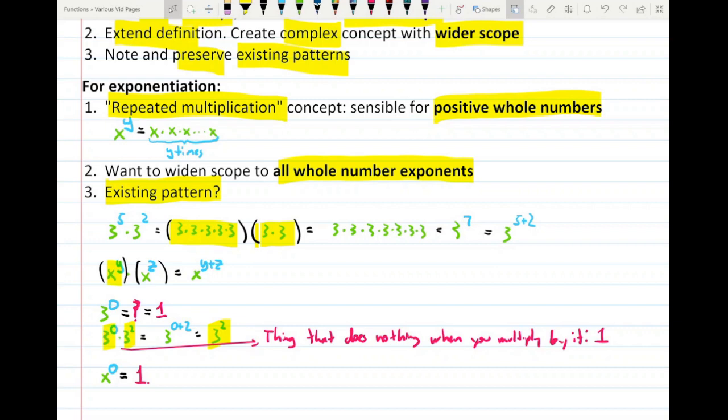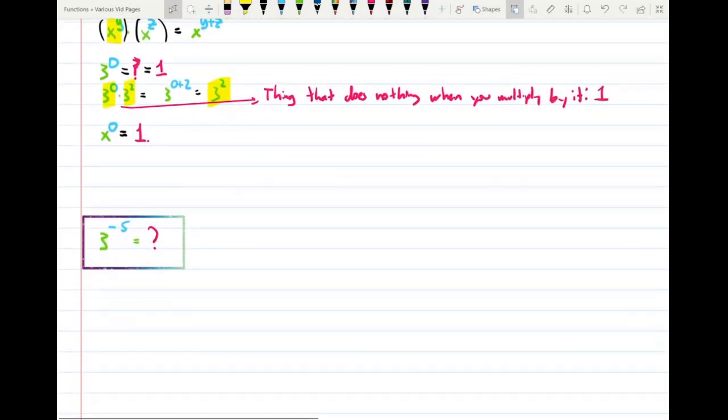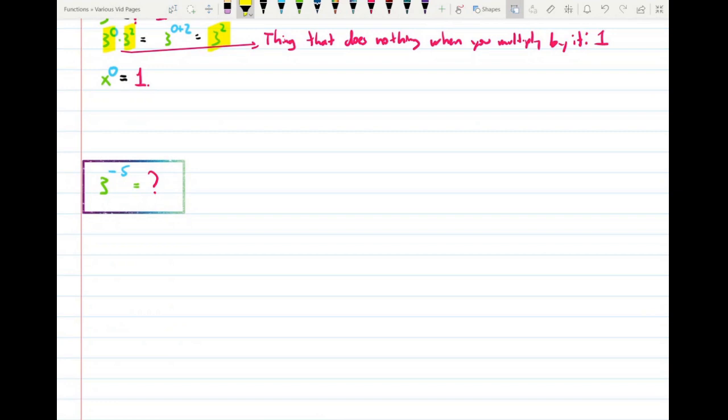So now we're ready to answer our original question: how should we extend our definition to negative number exponents? How should we define 3 to the power of negative 5? Well, we know that whatever we define this to be, it should satisfy 3 to the minus 5 times 3 to the positive 5 is equal to 3 to the power of 0, which we decided before only makes sense to equal 1.